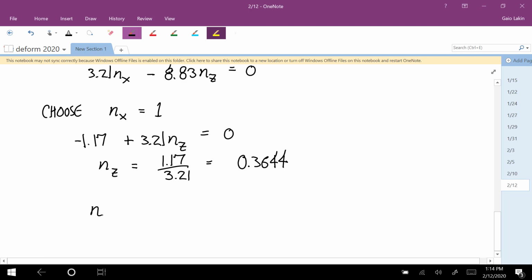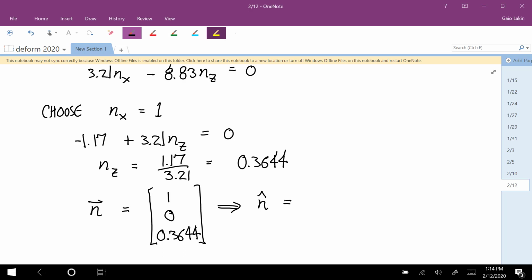So now we have this eigenvector, but it's not a unit vector yet. So I'll just write it like this. It is 1, 0, 0.3644. And now divide that by its magnitude. And you get a unit vector that I suppose is probably going to be 0.940, 0, 0.342.